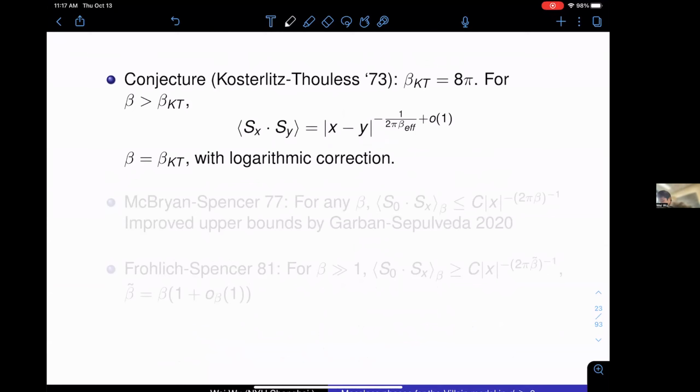This means that if you look at this two-point spin-spin correlation, which is like e to the i theta x minus theta y, it should decay like a power law with some beta effective, which depends on your original beta, but is different because of the vortex correction. This asymptotic power law still remains open in 2 dimensions.